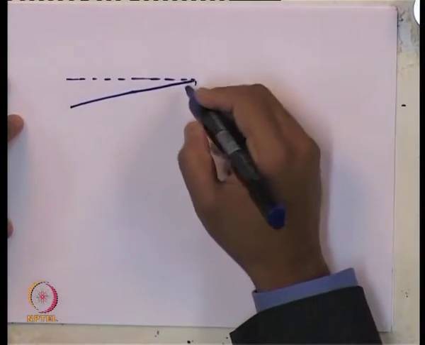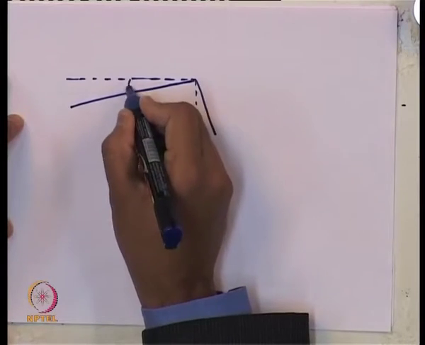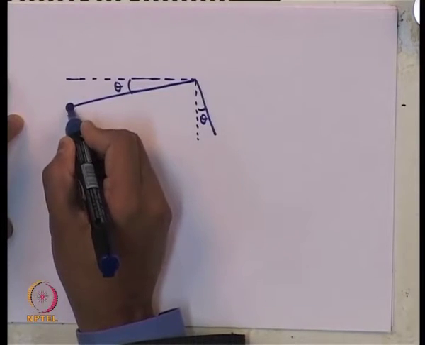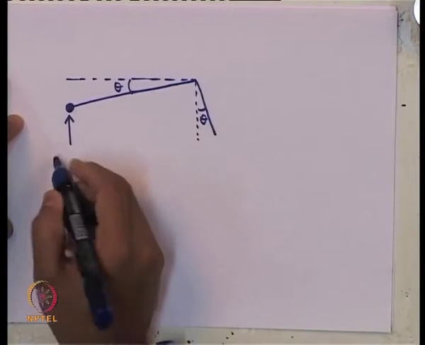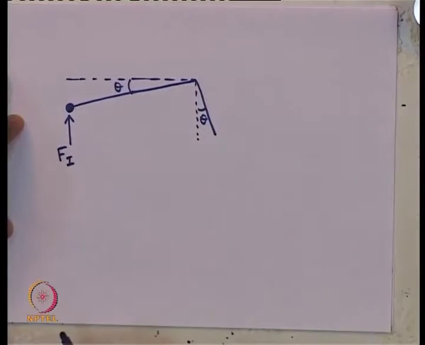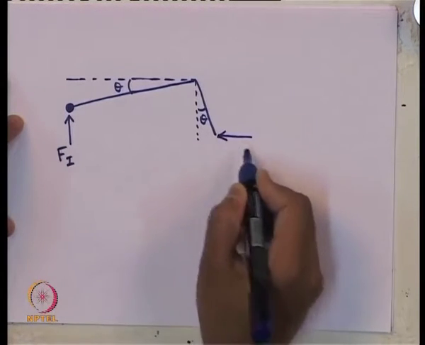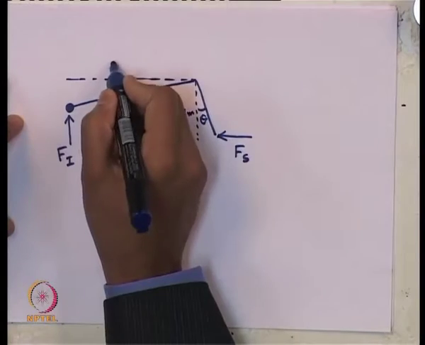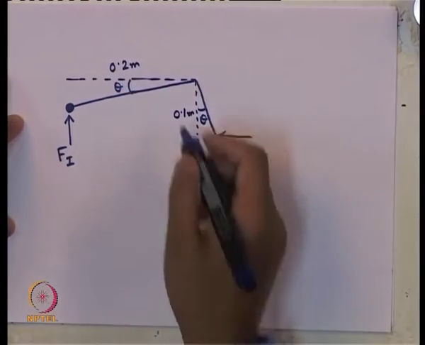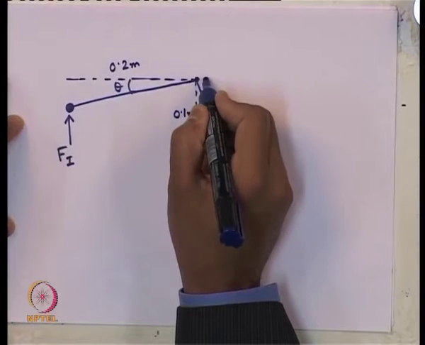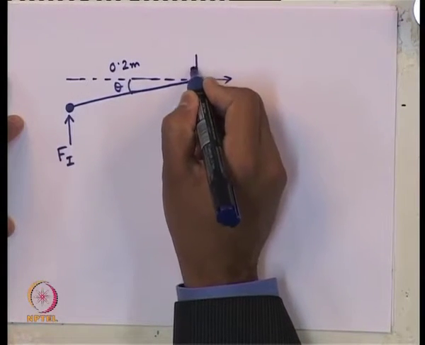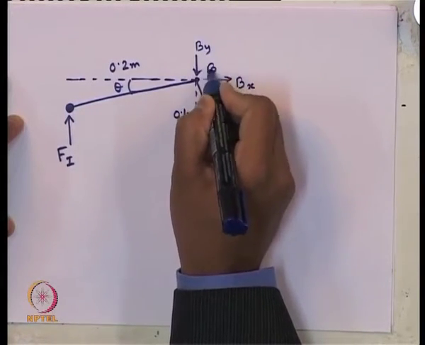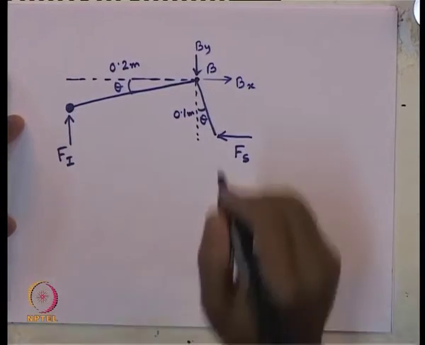For a small rotation theta, here one concentrated mass of 5 kg from which we are getting inertia force F I, here one spring from which we are getting spring force F S. This length is 0.1 meter, this length is 0.2 meter. At this hinge support, we can have B x and B y as support reactions at point B. What else we can have here?